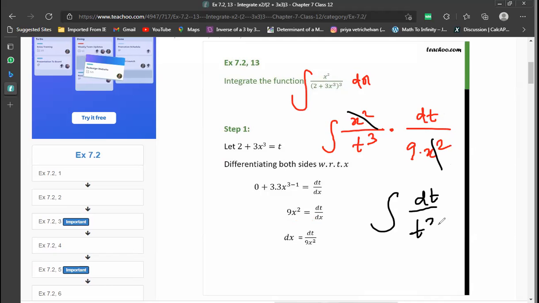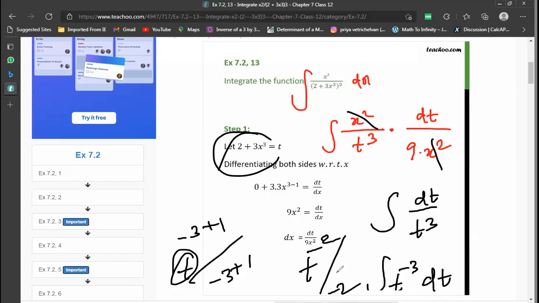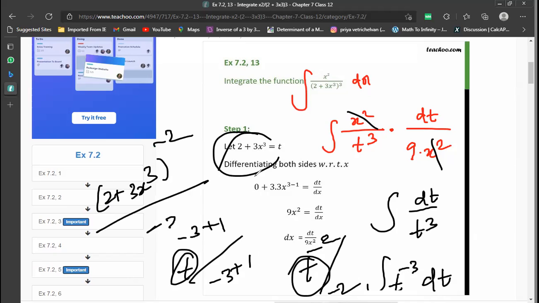It's dt upon t cube. So just take the t cube to the numerator, it will turn into t power minus 3 dt. So again, you will use the power rule for the integration. It will turn into t power minus 3 plus 1 upon minus 3 plus 1. Substitute back the t. What is t? T is 2 plus 3x cube. So it will turn into 2 plus 3x cube, the whole power minus 2 upon minus 2 plus c.